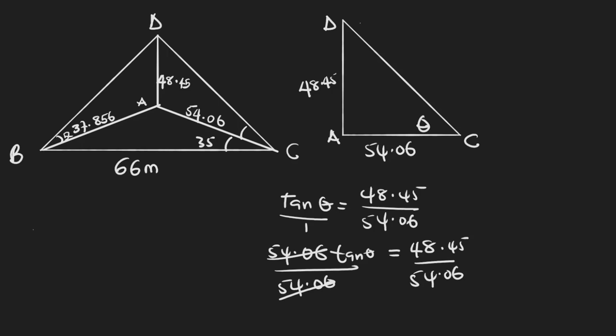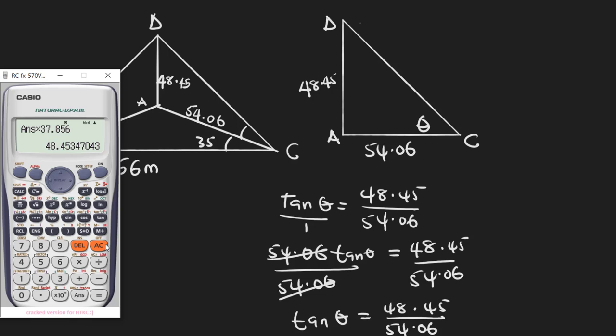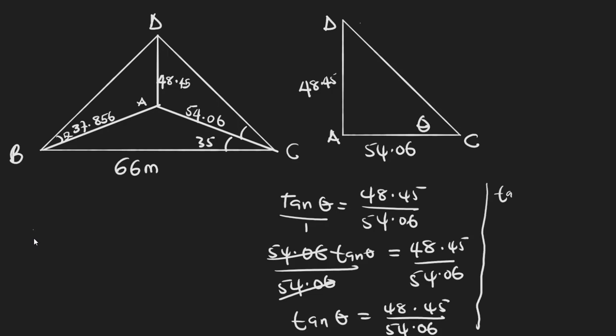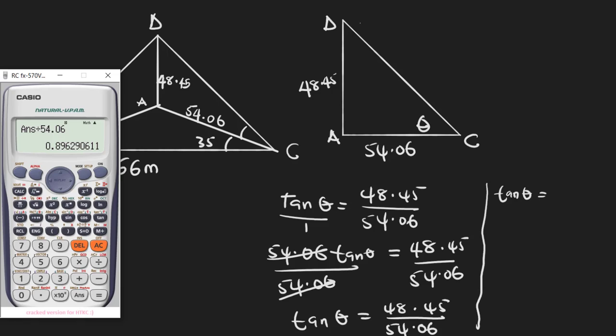This cancels the 54.06, and we're left with tan theta equals 48.45 over 54.06. Let's divide 48.45 by 54.06. The answer is 0.8962, so tan theta is equal to 0.8962.